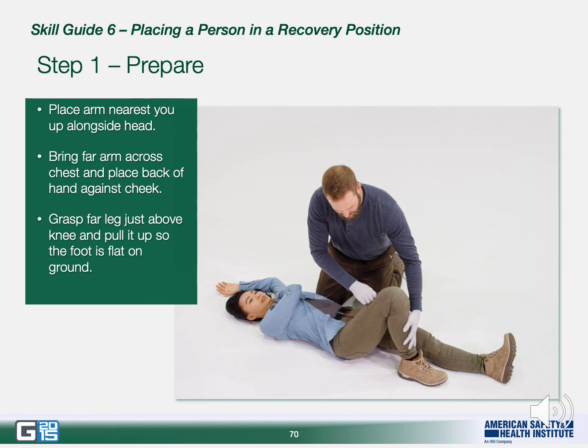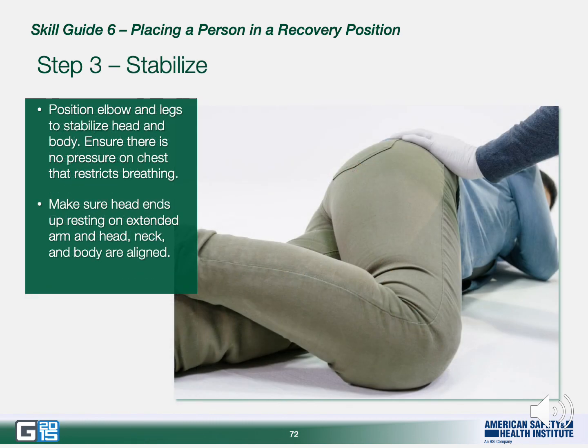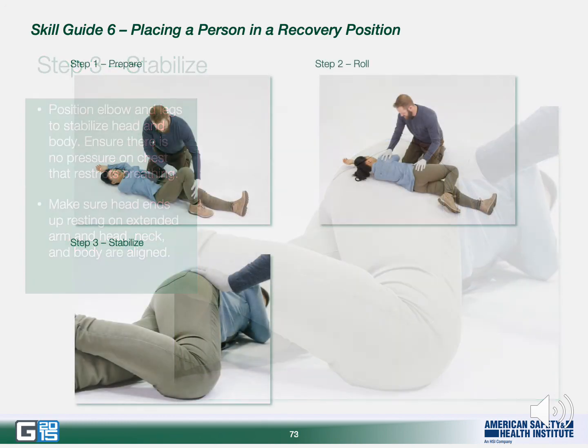Okay, and now you're going to do the roll. So you're at the shoulder and the hips, just like you would with a log roll. Okay, and you're going to roll her to the point where she's almost face down, but she's resting on her arms. All right, and there are those 3 steps.